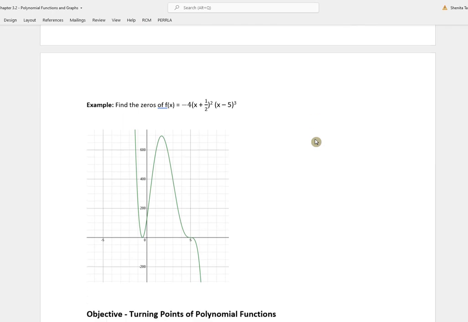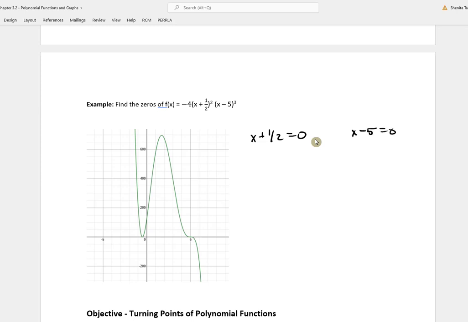In this next problem, we have negative 4 times (x plus 2) squared times (x minus 5) cubed. I'm going to set each one of these equal to 0 and solve for x. I get x is equal to negative 1/2, and I get x is equal to 5. This first one has a multiplicity of 2. This one has a multiplicity of 3.